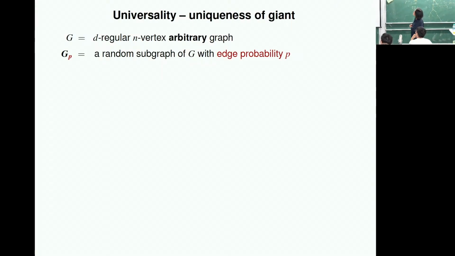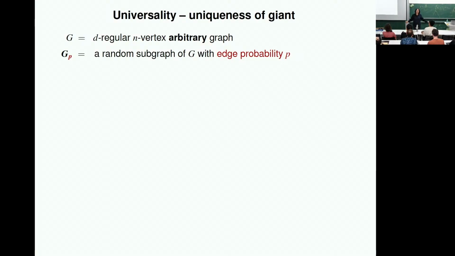Now, there is the so-called universality phenomenon in probability theory. Our inspiration comes from this branching process. It doesn't matter what the underlying graph is. If we look at a very sparse regime, maybe they all look the same, locally tree-like.